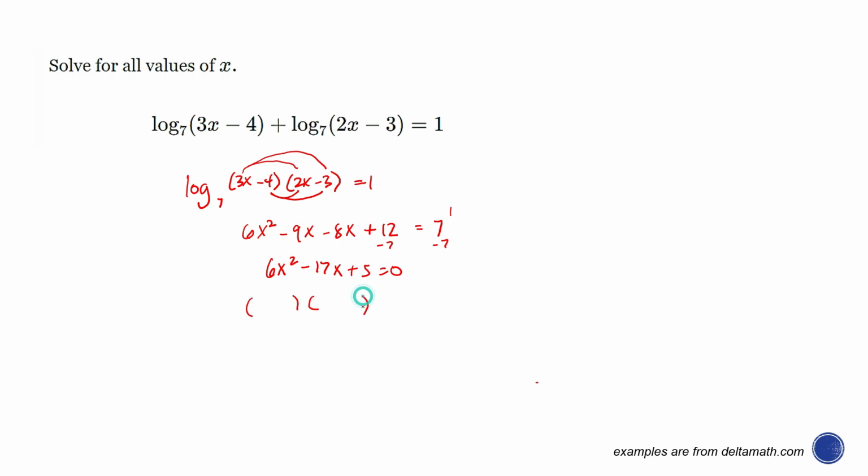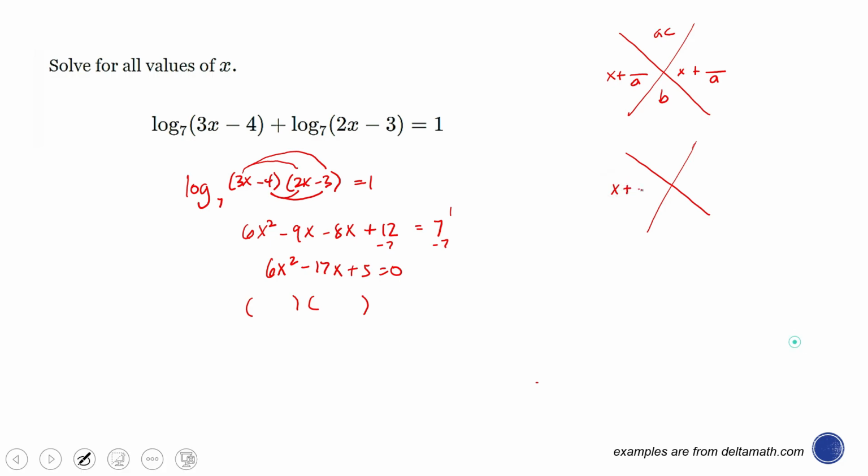And then from here, we will use factoring. Usually if I see this kind of factoring, I use the X method. This is the formula on top: the product ac on top, and b on the bottom. Our a is 6 here, and our b is negative 17. Our ac is 30.